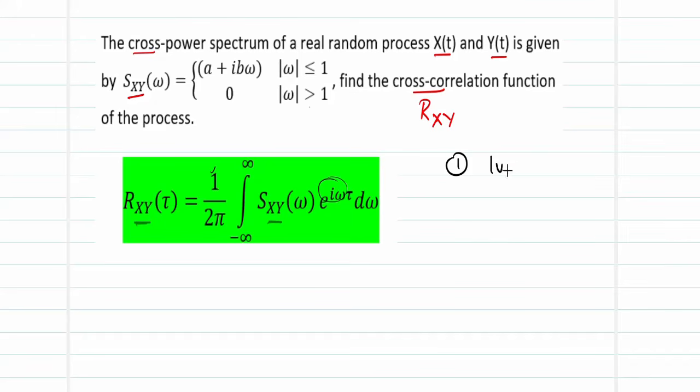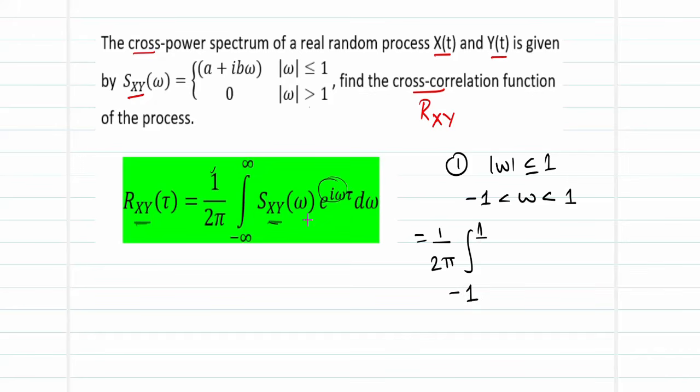Now I have mod omega less than or equal to 1. Modulus always varies between a positive range and a negative range. So the negative value will be minus 1 and the positive value will be plus 1. So my omega ranges between minus 1 and plus 1. So I will have 1 divided by 2 pi, integral varying from minus 1 to 1.